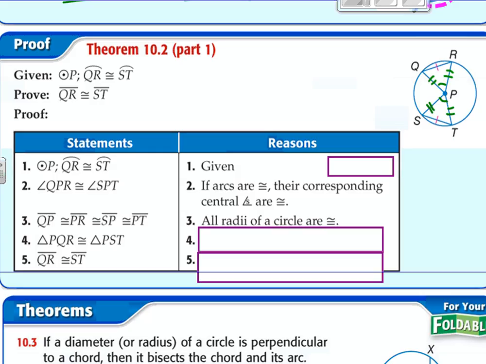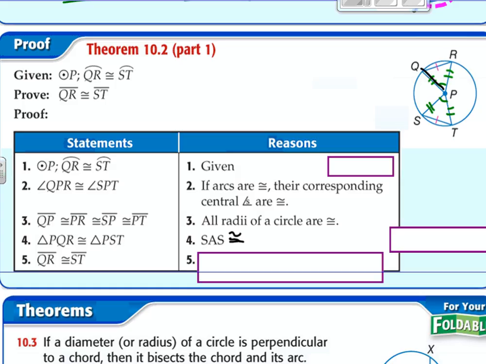You're deciding which way they are congruent. And it is side angle side congruence. If you remember, this is the side, the angle, and the side marked here, the side, the angle, and the side. So side angle side congruence is what we're looking at for that one.